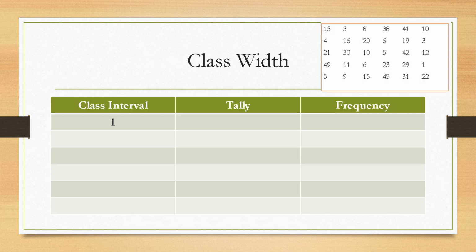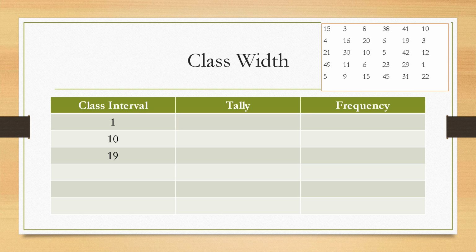Going back to our table with class interval, tally, and frequency, write the lowest value. The lowest value is 1, so write 1. Since our class width is 9, we add 9. So 1 plus 9 is 10. Then 10 plus 9 is 19.